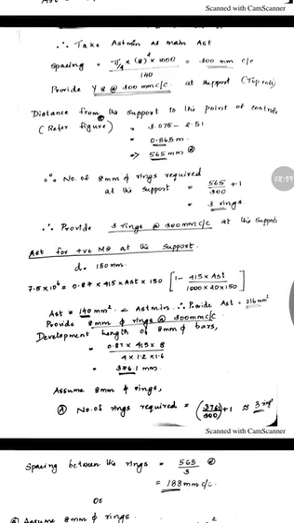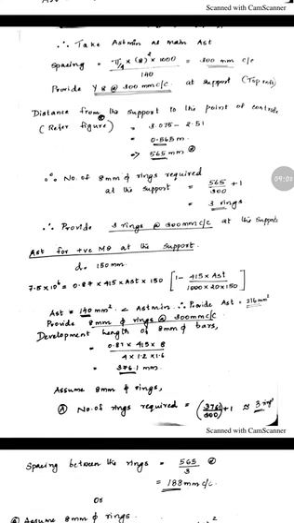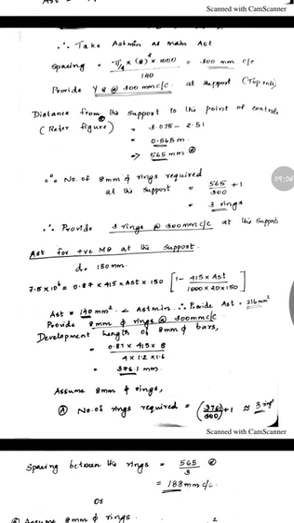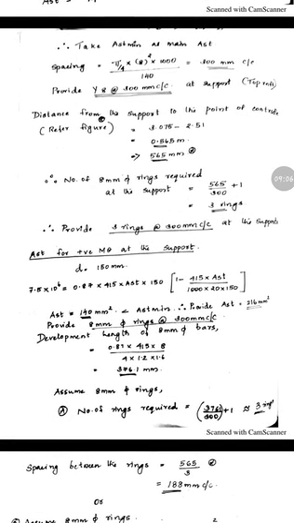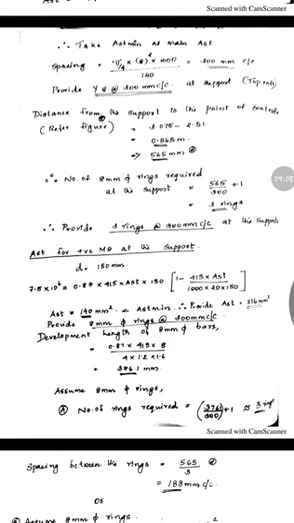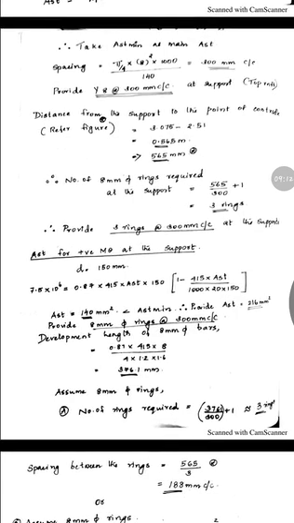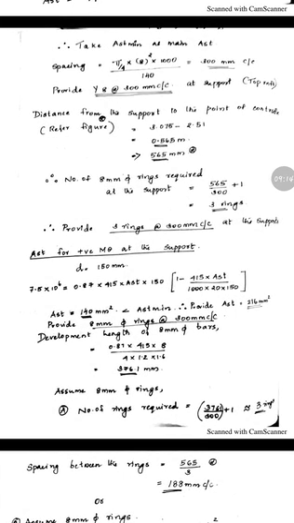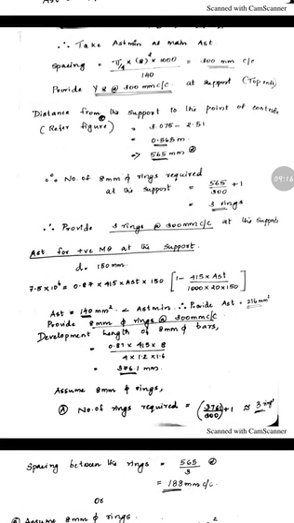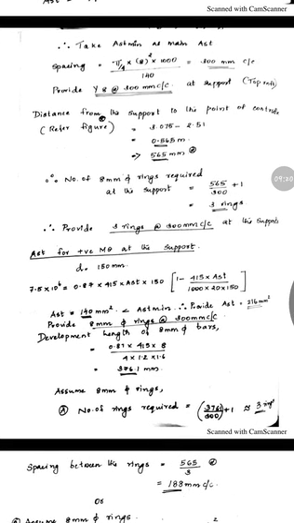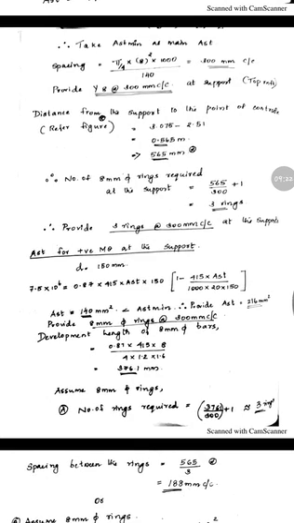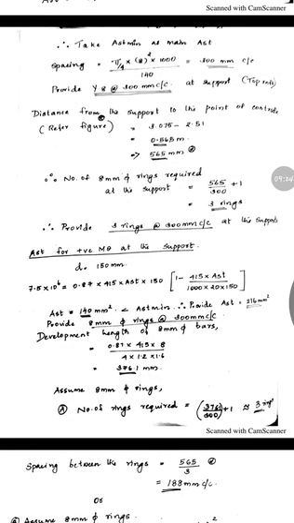And now we have to calculate the development length of the same. The development length will be equal to 376 mm. Assume 8 mm diameter for rings. So we have to calculate the number of rings which we need to provide at the bottom of the circular slab, that is for positive moment.